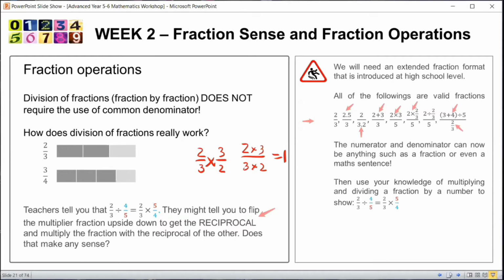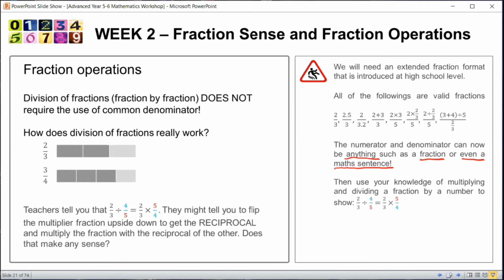So that is interesting. So all those are all valid. So the numerator and the denominator can be anything at all, such as a fraction or even a number sentence.